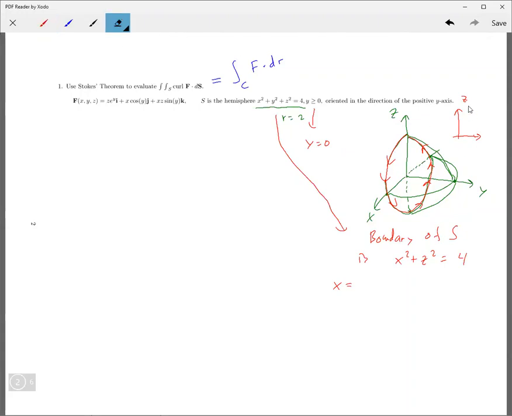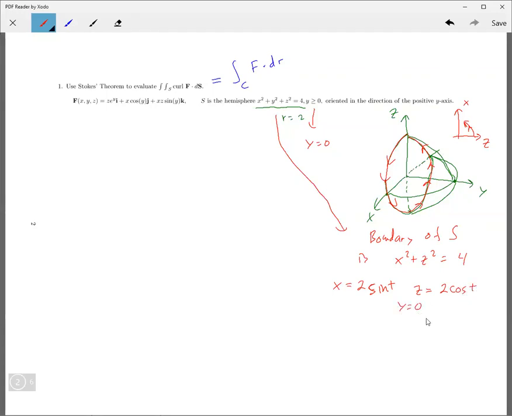So what we need is the z here and the x here. You need to go from z to x. And then we want that to be the counterclockwise direction. So that means x takes the function of y, or 2 sine t, and z takes the function of x in that case, so 2 cosine t, and then y is 0.